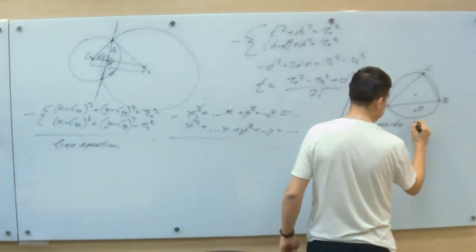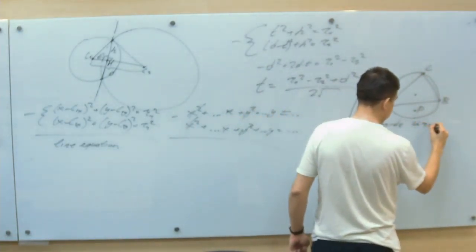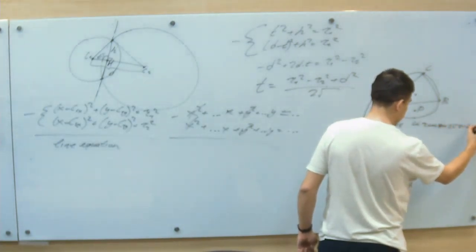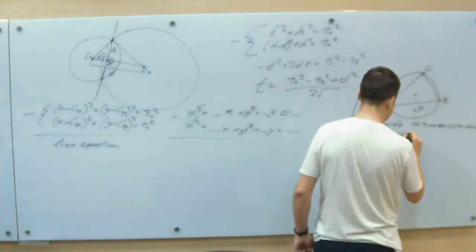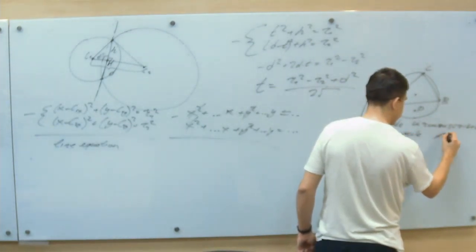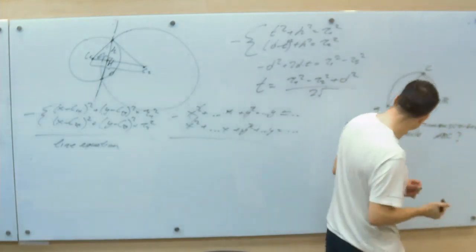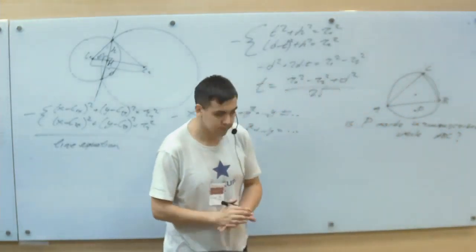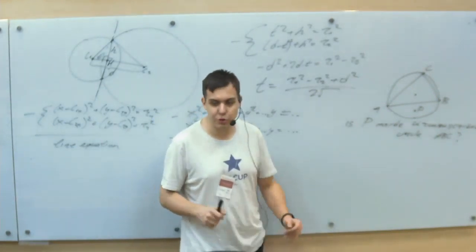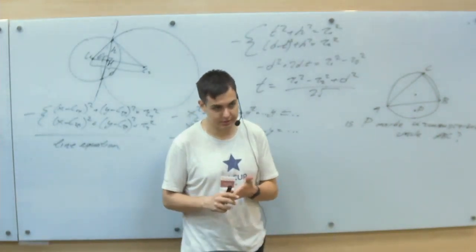Inside the circumscribed circle A, B, C. Turns out there is a really cool formula that you can calculate in integers.